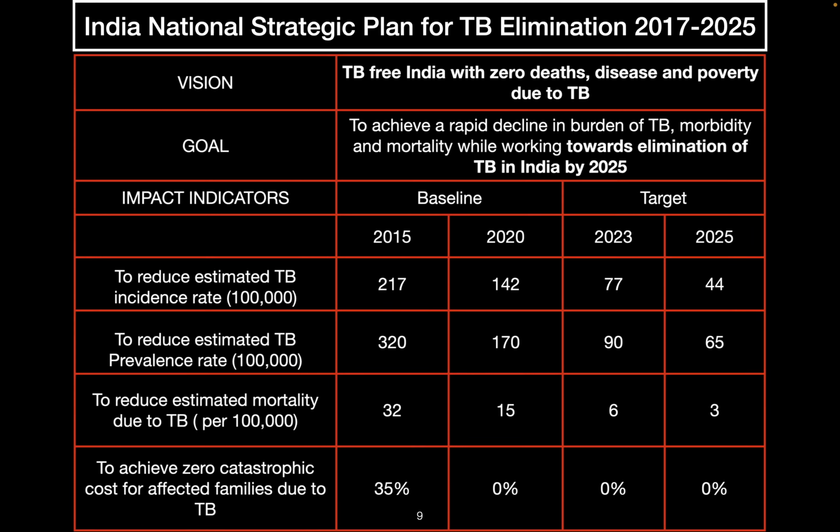We have to be very focused, and each one, the government, the private players, the public sector, the private sector, the community has to come forward, and self-reliance should be there to eliminate TB. So this is all about the National Strategic Plan for TB of the Government of India.